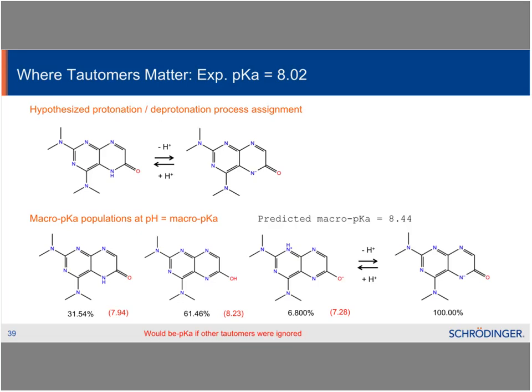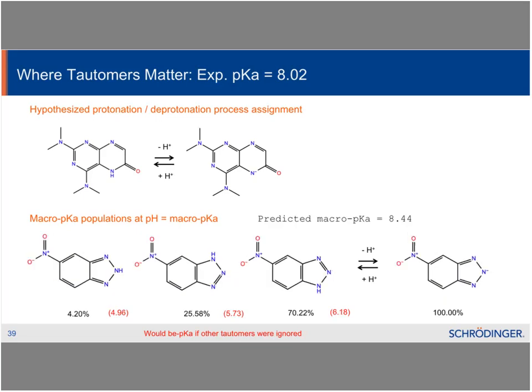If we take into account all these three tautomers and their micro-pKas, that's the final macro-pKa that we would get. So in this case, the tautomer, even though it is not the most populated, would still give us a good pKa prediction.